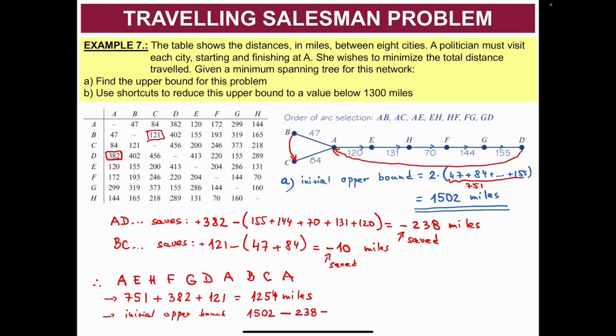And in the second case, you saved 10 miles. That means it gives you 1254 miles. It doesn't matter which way you calculate it. You can use whichever you like. So this is the improved upper bound.